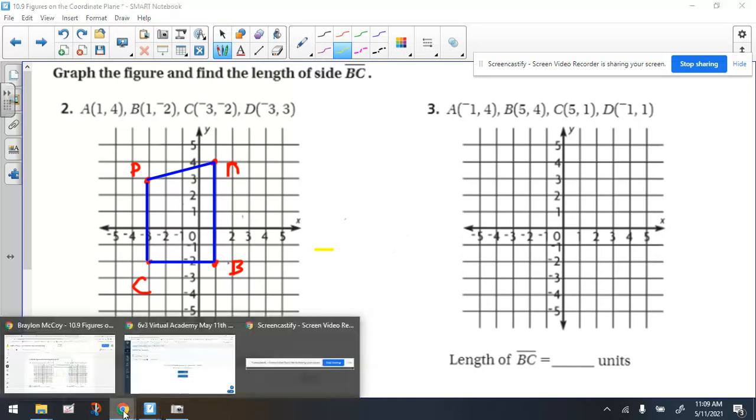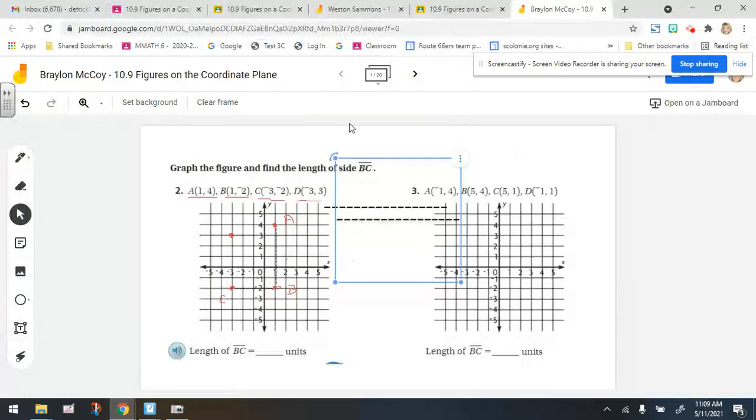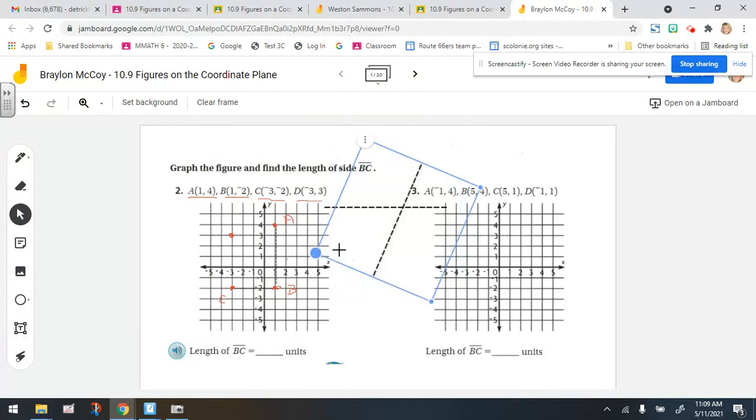All right, now if we go back to the copy of this Jamboard, just want to make sure that you understand about how to manipulate the lines and resize it again. So I can just drag that and put it in place until it's the right size. So that's still a bit too long. And then this one I'm going to have to angle it a little bit and make it smaller. So if we make it smaller and then just rotate it just a bit, let's see if that's about the right angle.